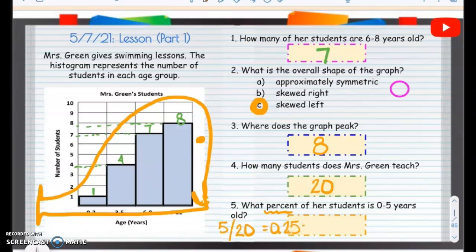And that equals 25%. And that's going to be it for this first part. Let's go ahead and take a look at that second graph.